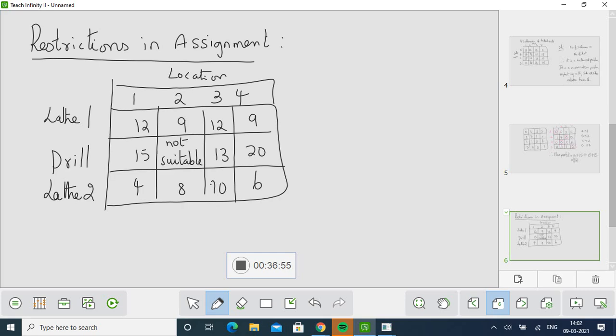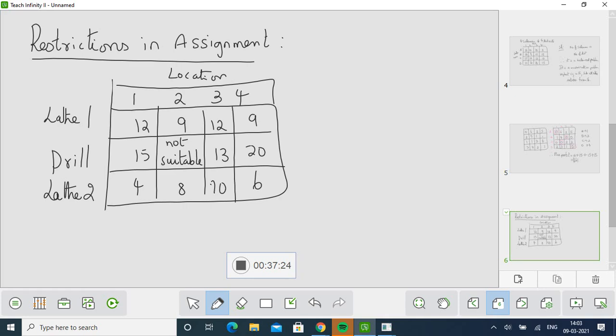Now, is the problem balanced or not? No. So, what should I add, column or row? Row. Right. Make it into a balanced problem by adding a dummy row.